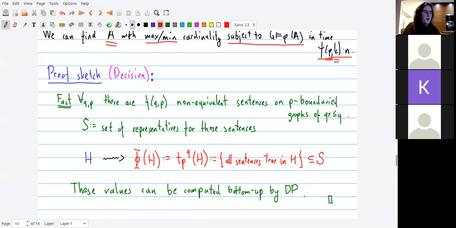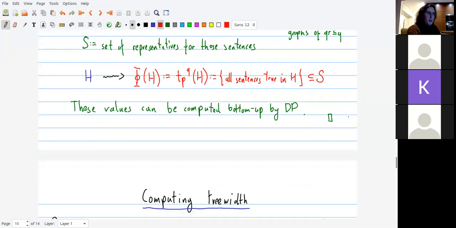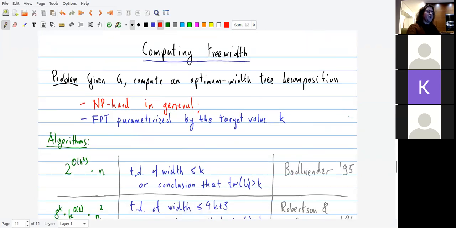And from EF games, you can get compositionality of these things, so you can compute the types for larger and larger boundaried graphs.